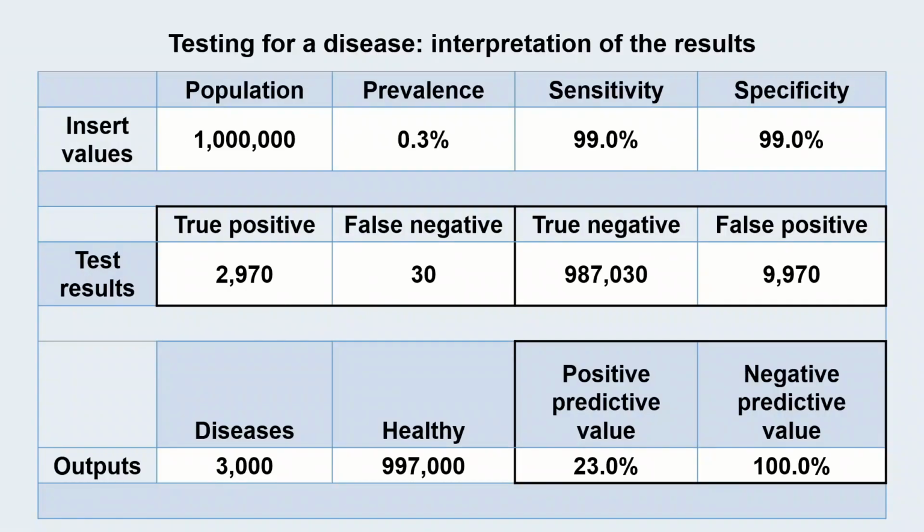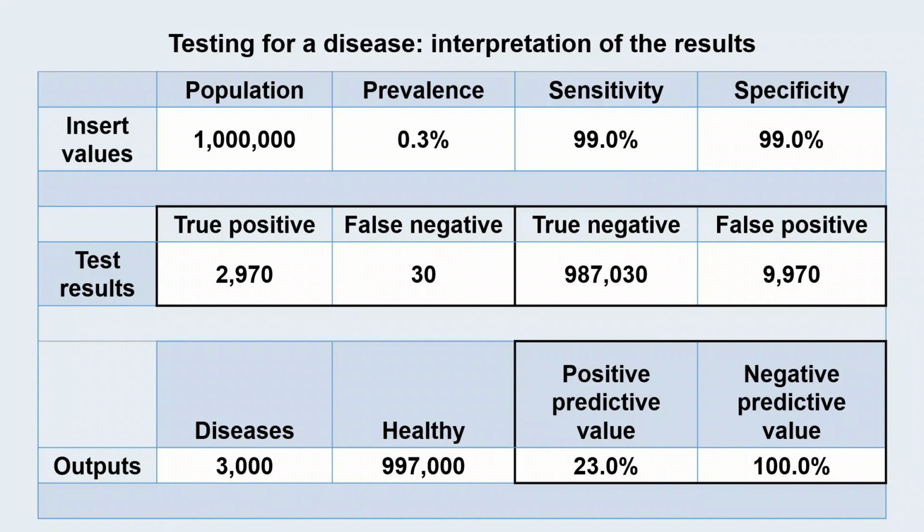In this example, let's keep the prevalence at 0.3%, but increase the sensitivity to 99% and the specificity to 99%. Among a population of 1 million, a disease with a 0.3% prevalence will result in 3,000 individuals having the disease and 997,000 people that are healthy. With this sensitivity, you will get 2,970 true positive test results and 30 false negative test results.